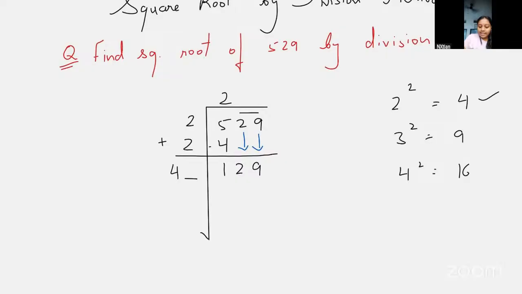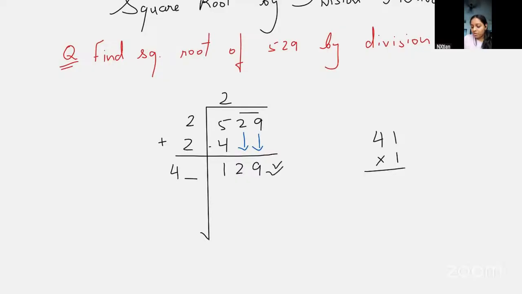Now what I have to do is add such a number behind 4 that when I multiply it with itself, it should give me this number. If I add 2 behind it, 42, I multiply it by 2 to get this number.